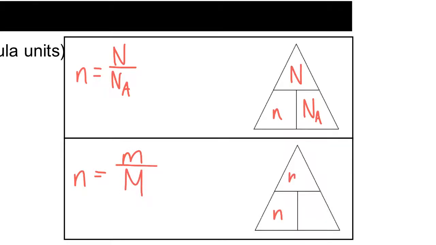So again, we can fill in another triangle. To use it, just remember, if you want to calculate number of moles, it's mass divided by molar mass. If you want to calculate the mass in grams, well, n and capital M are beside each other, so that means you multiply moles times molar mass.